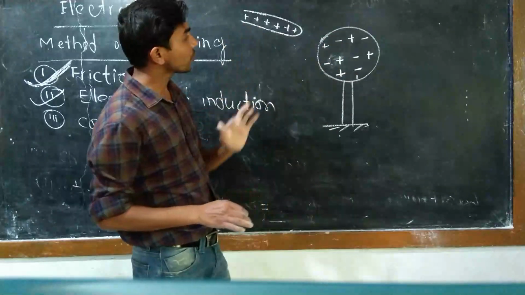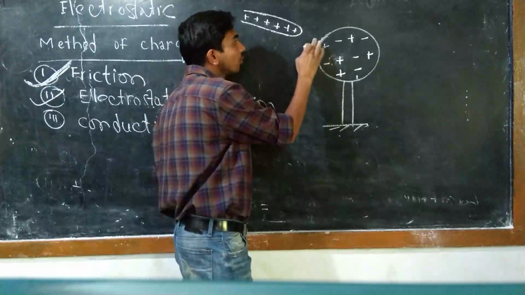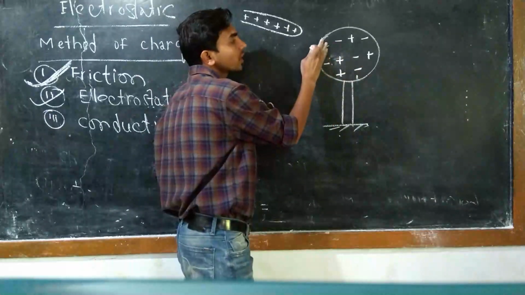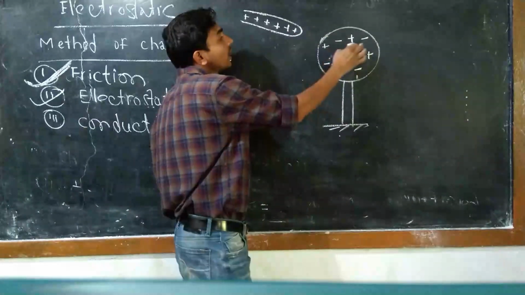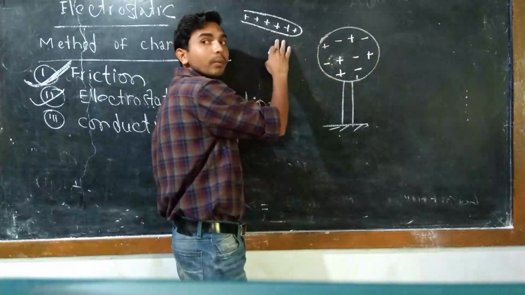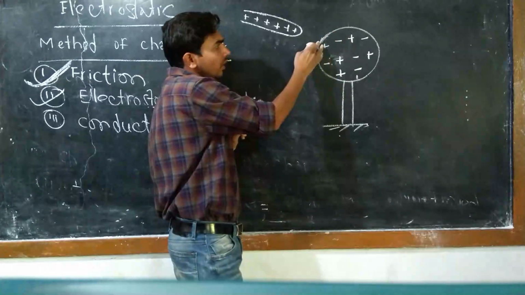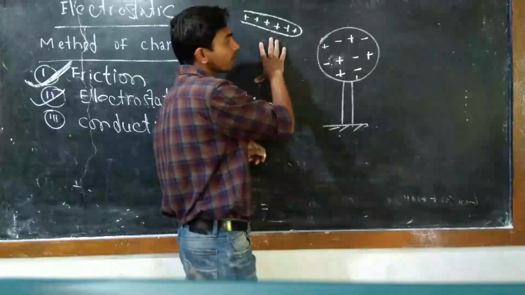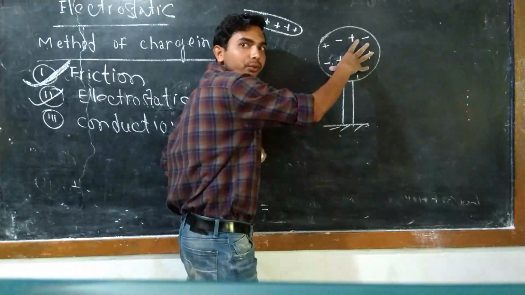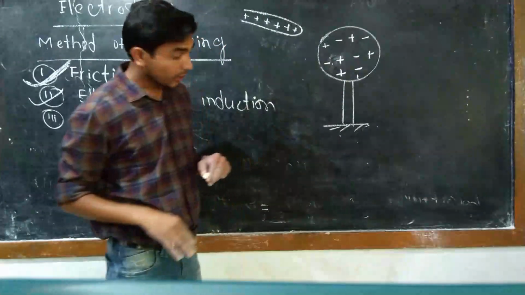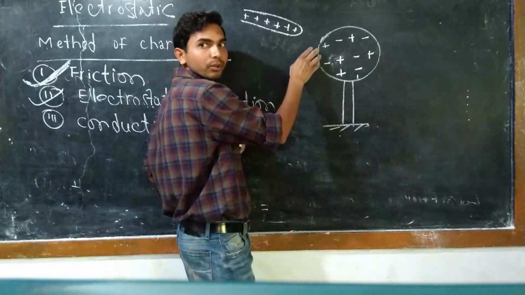So all the positive charge will move away from this object and sit on the other side of the sphere, and all the negative charges get attracted by the positive, so they come to this side. So on this sphere, redistribution of charge is going to happen.